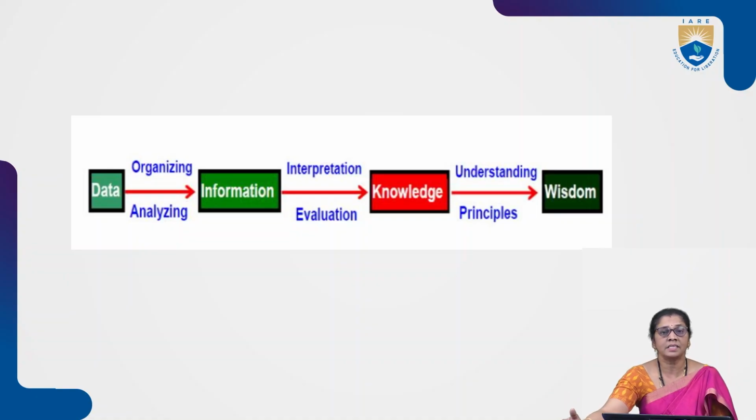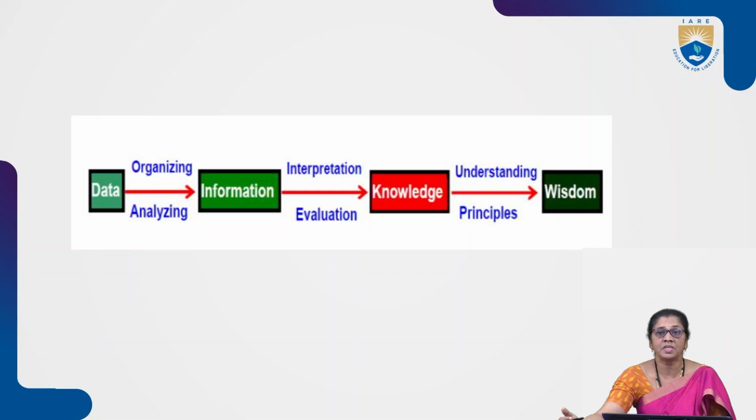First the data is collected, organized, and analyzed. That is, some pre-processing is done to the data to make it information. After the data is converted into information, it is interpreted or evaluated, because the validity of the information should be correct so that it becomes knowledge.